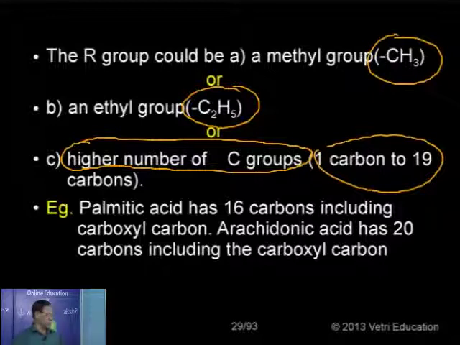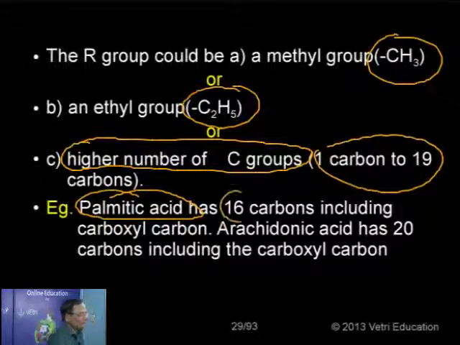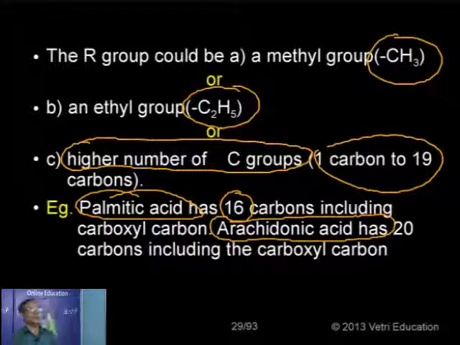Take an example, palmitic acid. It is a saturated fatty acid. It contains 16 carbons, including the carboxyl carbon. That means the R group contains 15 carbons. Similarly, another important essential fatty acid, an unsaturated fatty acid, is arachidonic acid.